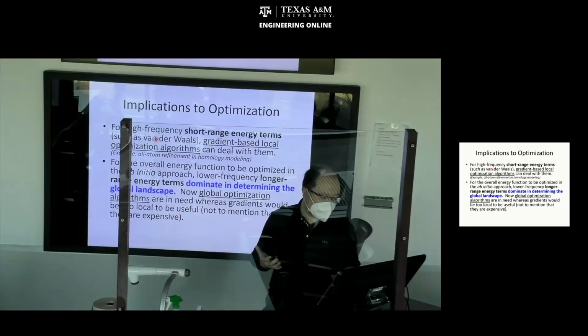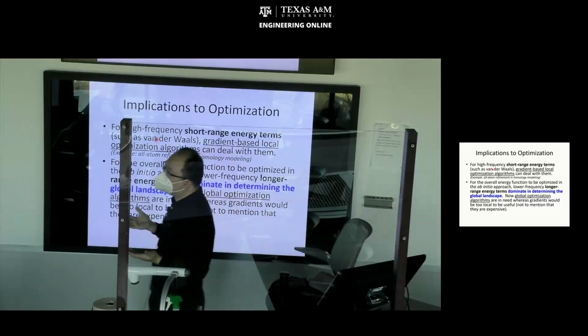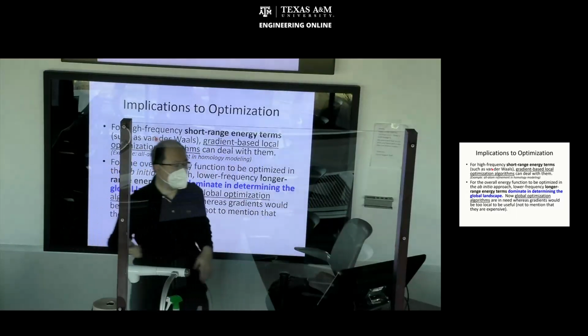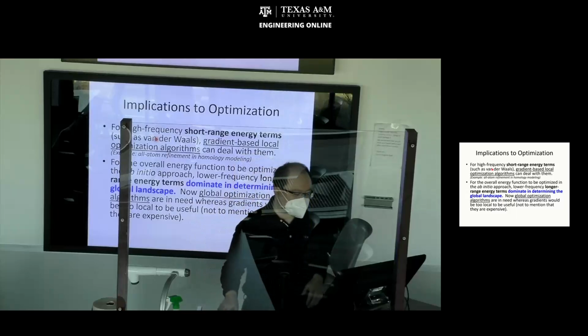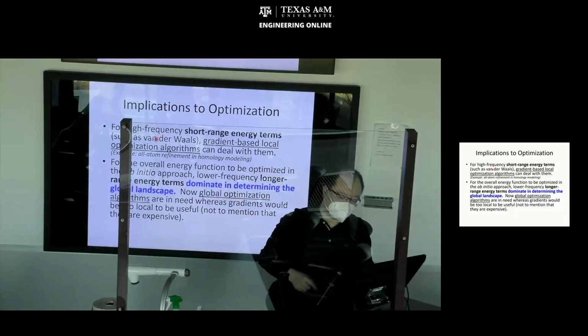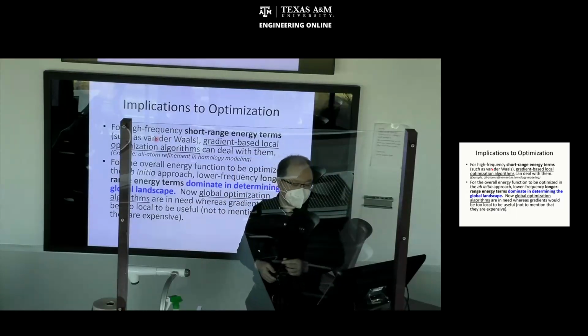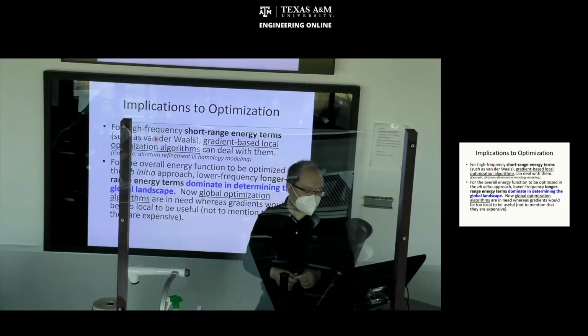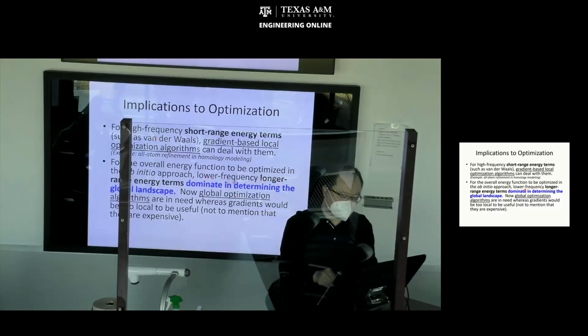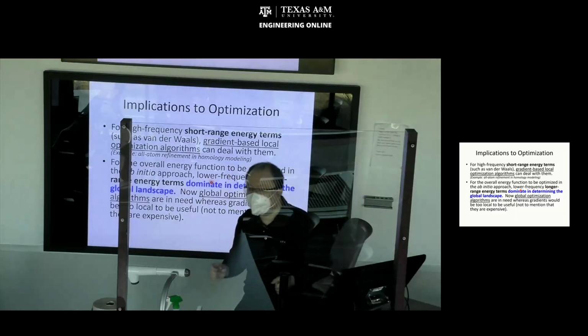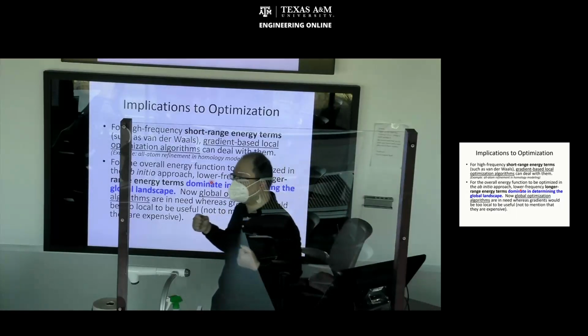These short range terms can be minimized very easily using gradient-based algorithms. This is actually what people do at the final stage of homology modeling, in the safe zone. The bigger problem is the other terms, which are of lower frequency. That means they don't change that drastically with regard to the change of x.